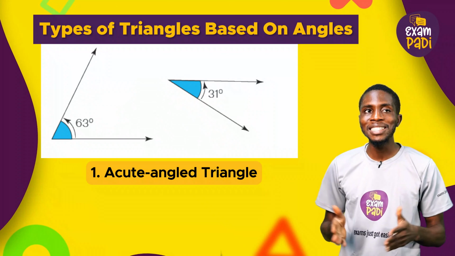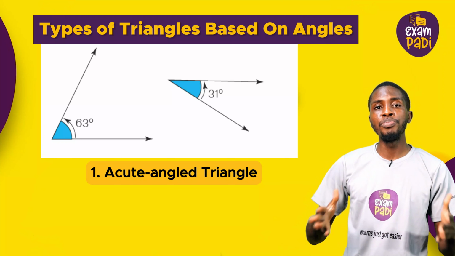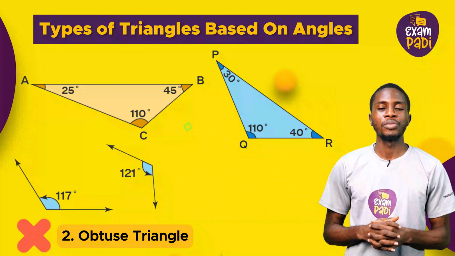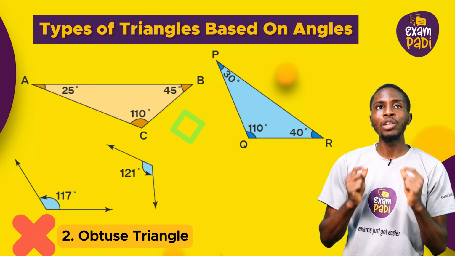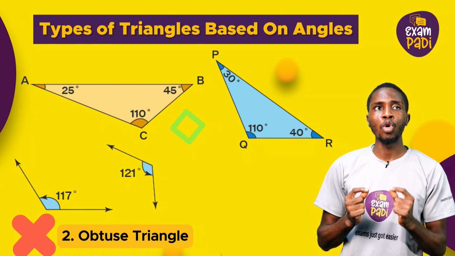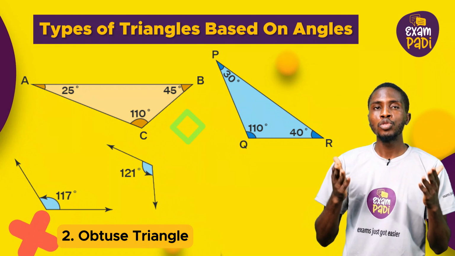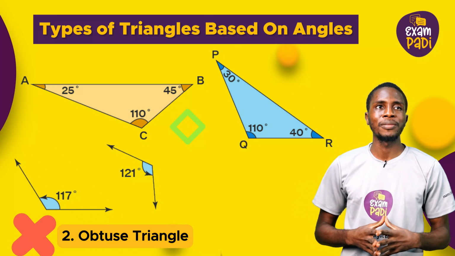That is, it is less than 90 degrees. The second type of triangle based on angle we'll be looking at is the obtuse triangle. A triangle with one obtuse angle is an obtuse angled triangle or obtuse triangle.